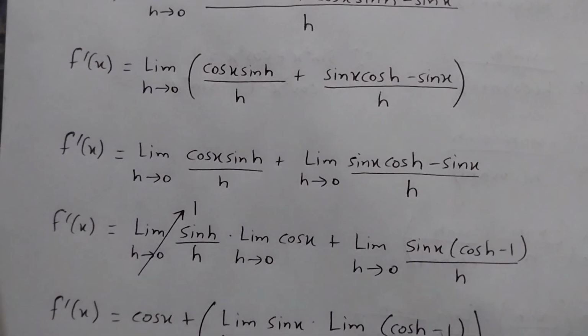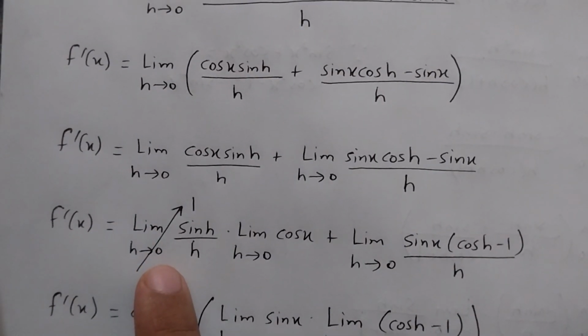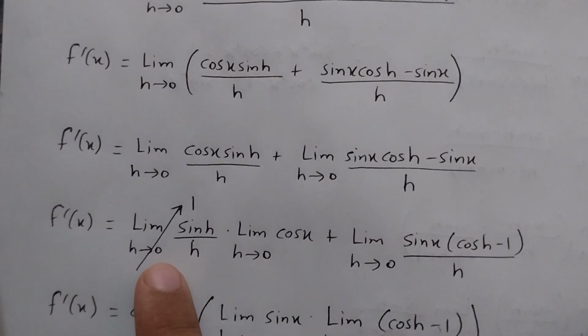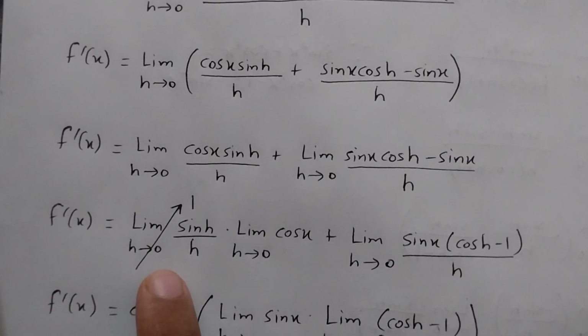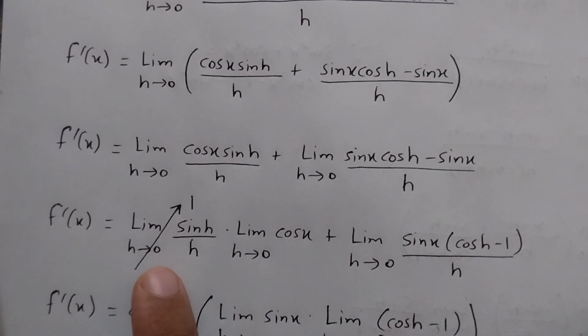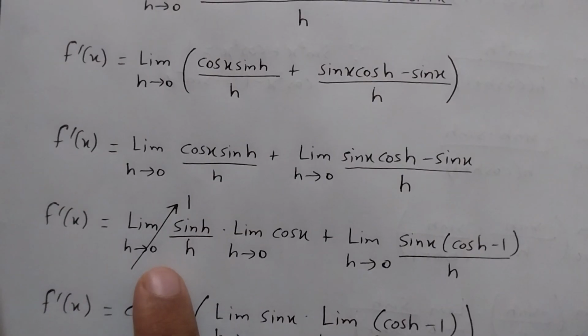So if you look at this particular limit, limit h approaches 0 sin h over h, this is equal to 1, and I've made a video about this also, but h needs to be in radians here. For radians I proved that this limit is equal to 1. The angle must be in radians, not in degrees.